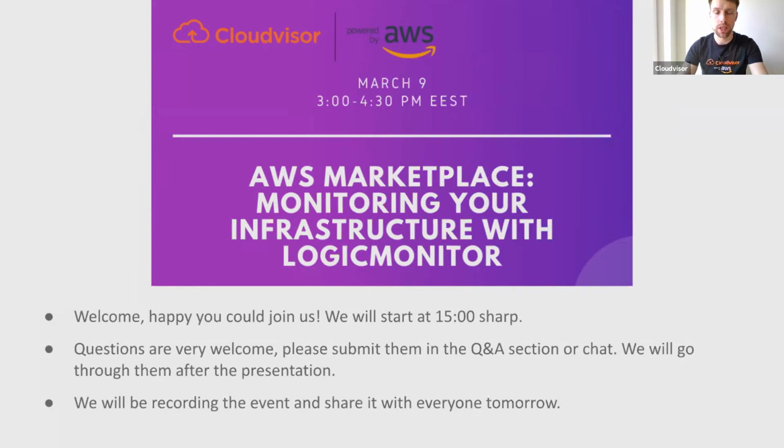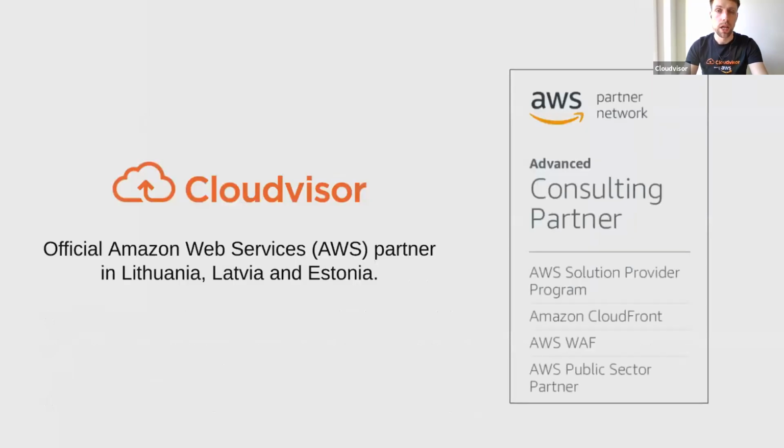Before we begin, just let me say a few words about Cloudwiser and what we do for those who haven't heard of us before. So Cloudwiser is an advanced tier AWS partner operating in the Baltics and Nordics as well. We work closely with AWS to support companies that are currently using AWS or plan to do that in the near future.